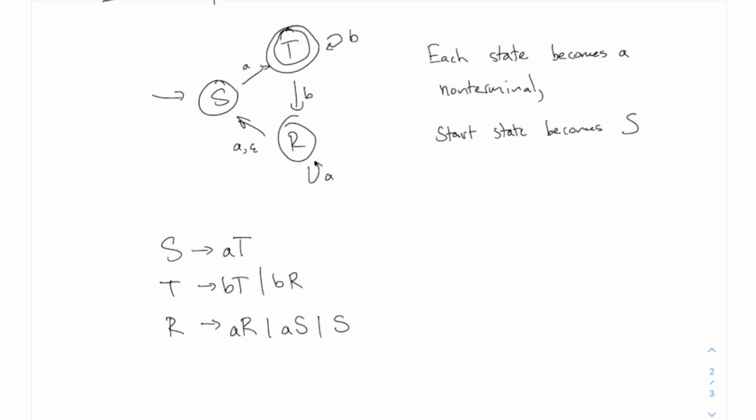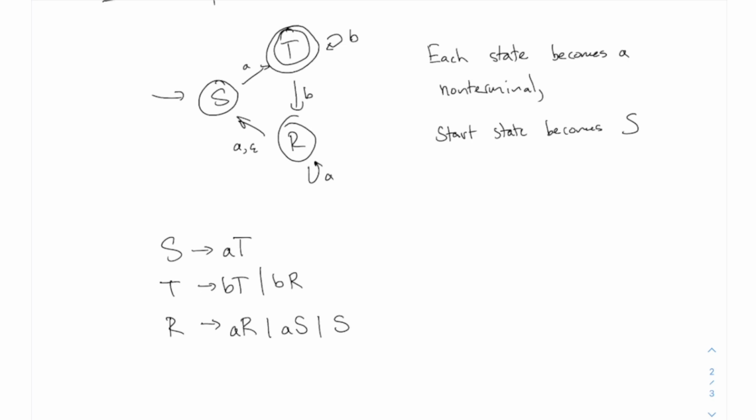What else do we need to indicate here? Yeah, the accepting states in the NFA. I have not done anything over here which represents which states are accepting. T is an accepting state. In terms of the grammar, I imagine that somehow represents like the end of the derivation, right? After you make it all the way through the whole string, you stop.